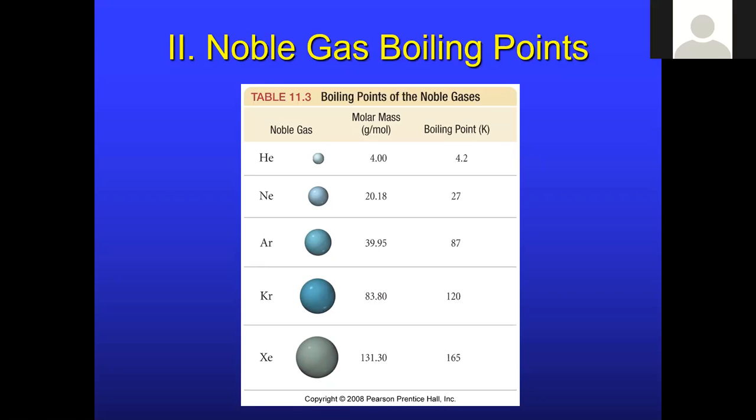How do gases have boiling points? If you get them low enough, they boil. Remember that zero Kelvin means that there is no motion. That is absolute zero.